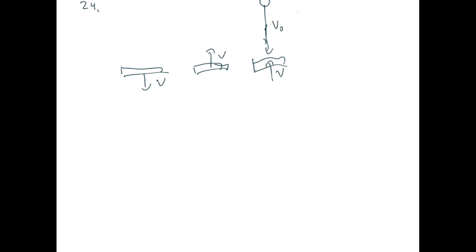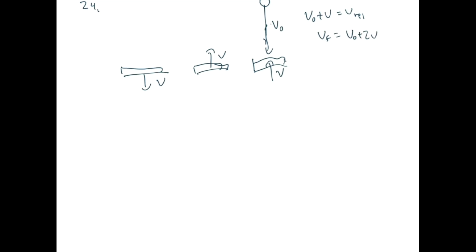So the relative velocity is V0 plus V. So the final velocity of the ball must be V0 plus 2V, because it's V0 plus V relative to the plate, which we have to add another V.